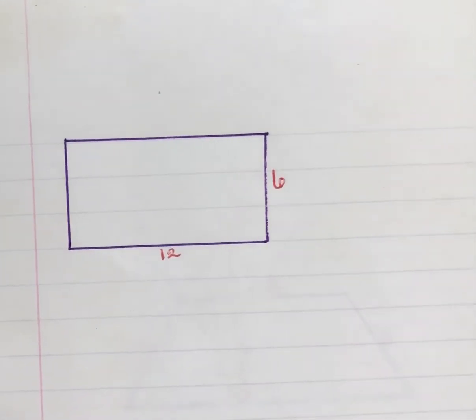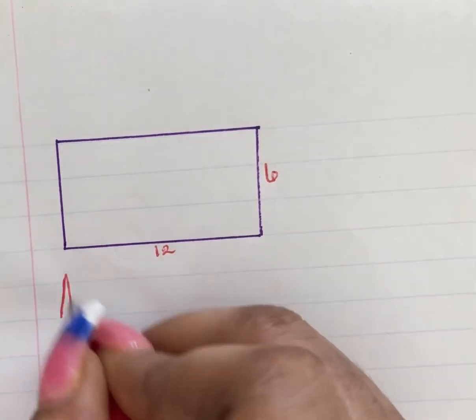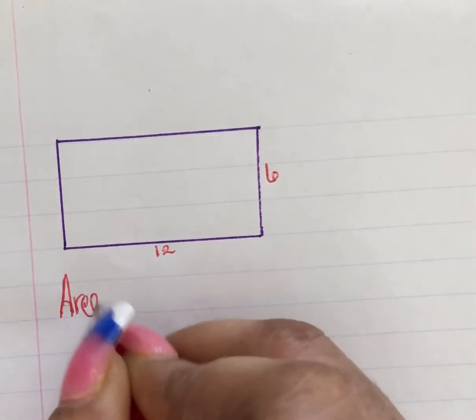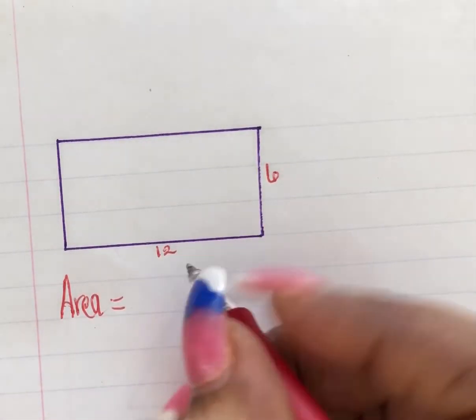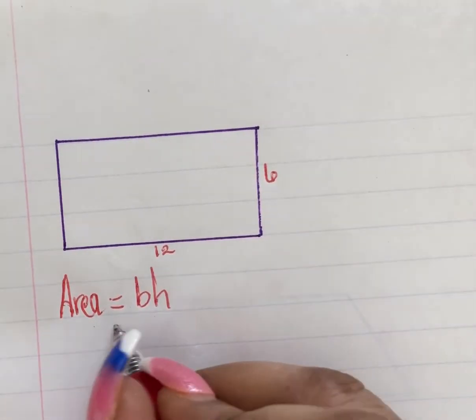We want to find the area of this shape. Again, the exact same rule applies. We look at the shape, we identify what type of shape it is, then we determine the formula we are going to use. We are looking at a rectangle, and our area is base by height.